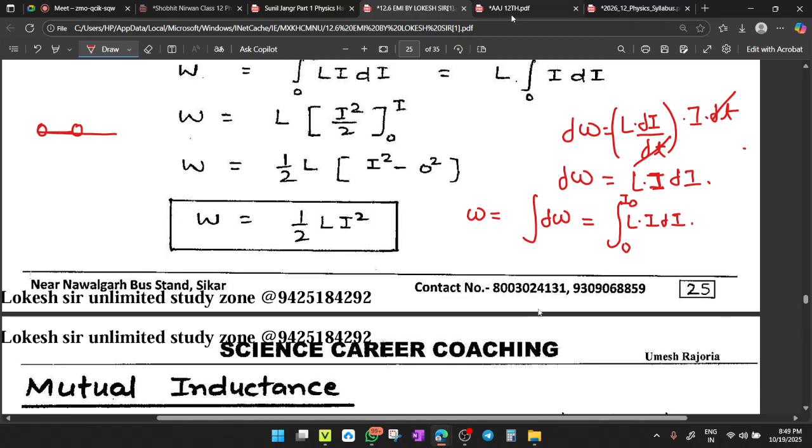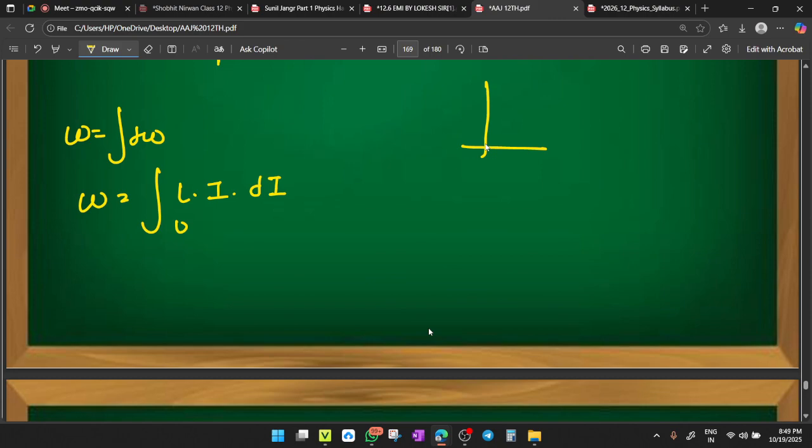So work is the integration of dW, where dW equals L I di, and the current grows from its minimum value 0 to its maximum value I naught. So W equals, L is the constant, the property of the inductor, integral from 0 to I naught of I di.